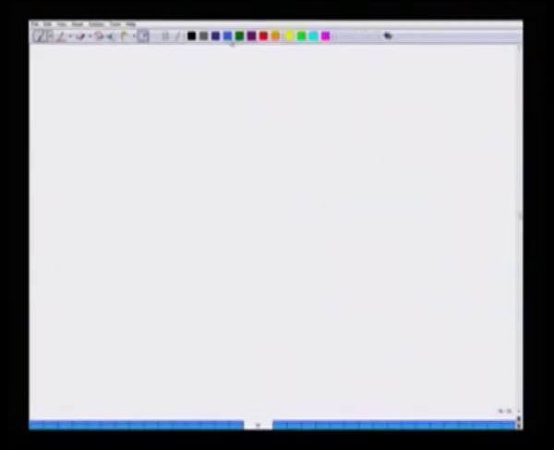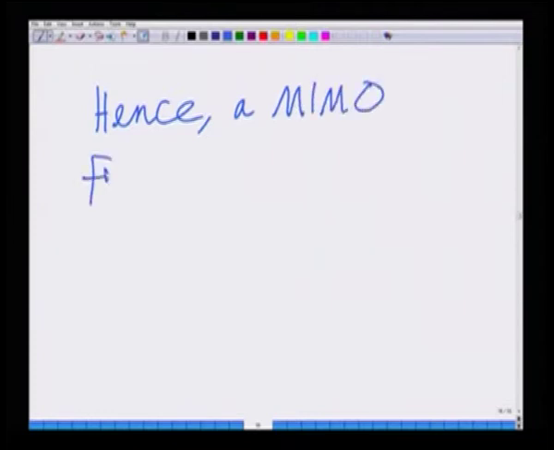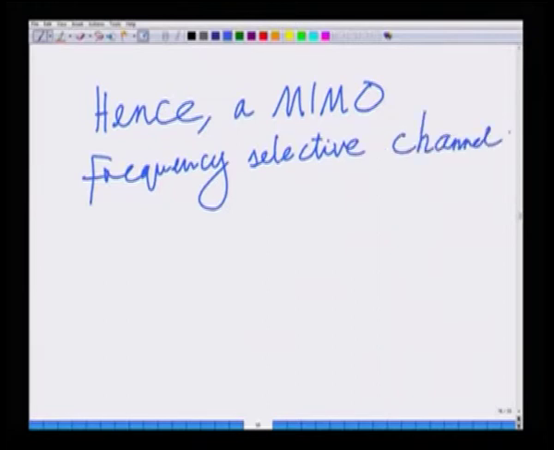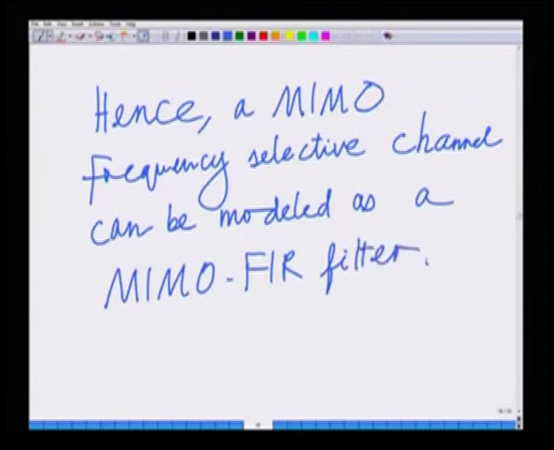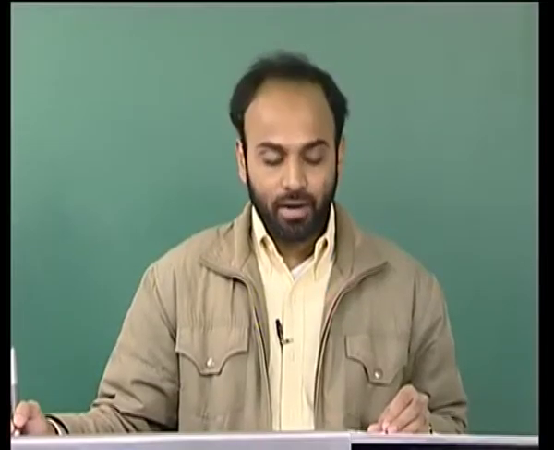Hence the first result that we want to present is that a MIMO frequency selective channel can be modeled as a MIMO FIR filter. What does this mean?